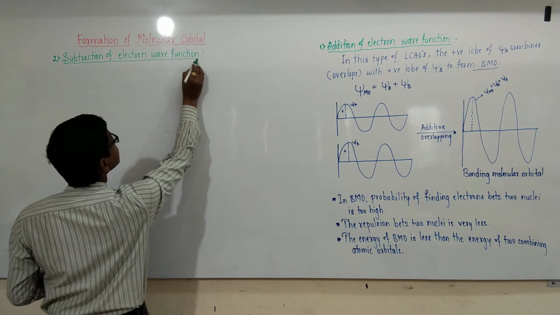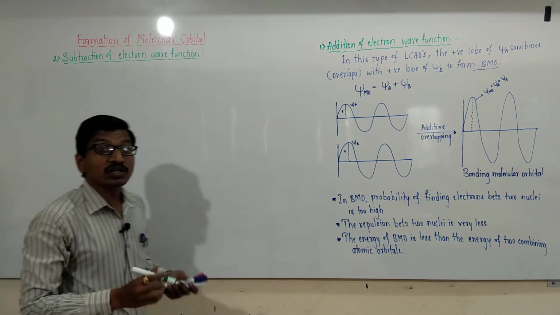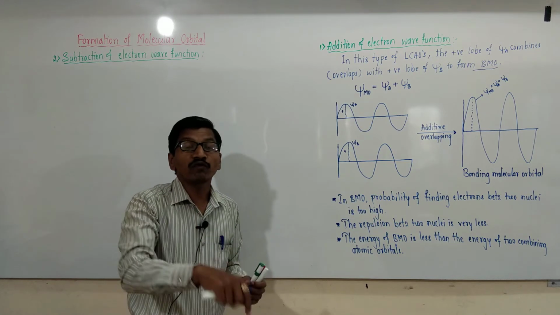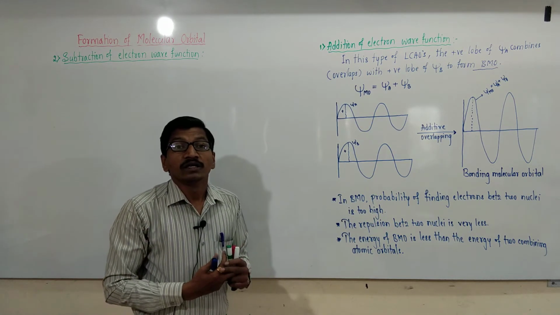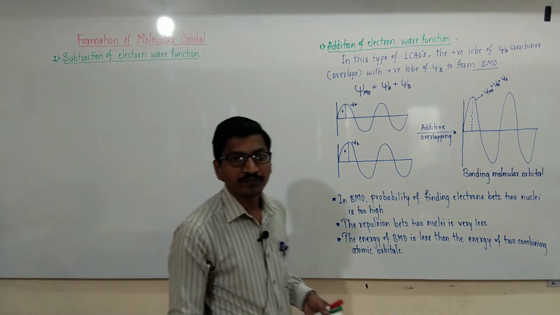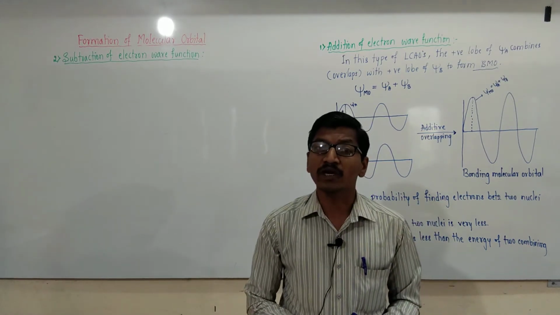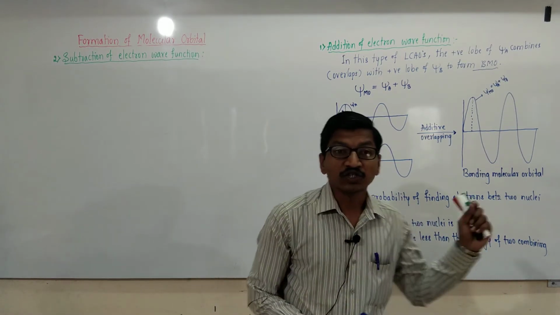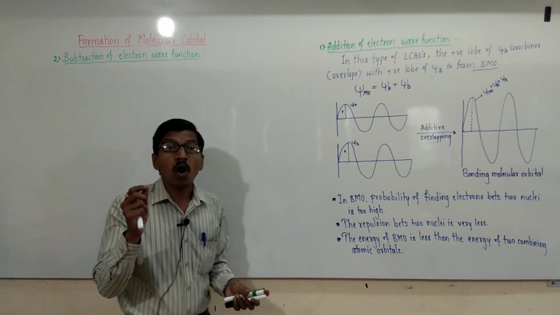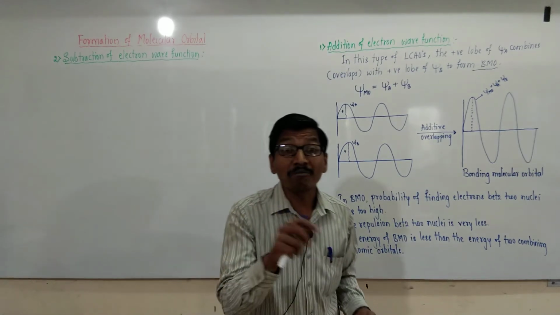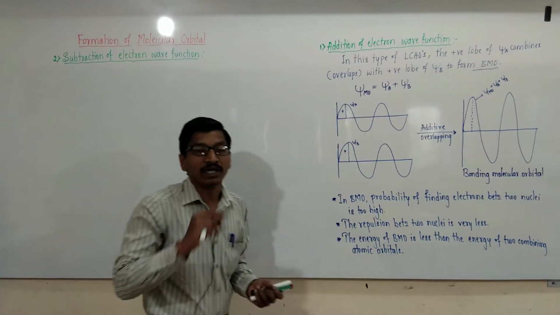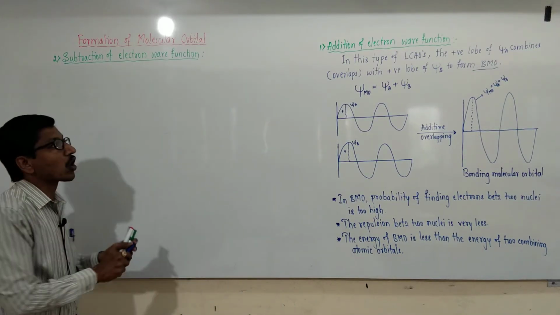This is also called destructive interference, positive-negative overlap, out of phase overlap, or subtractive overlap. In this type of linear combination of atomic orbitals, the positive lobe of psi A overlaps with the negative lobe of psi B to form antibonding molecular orbital.